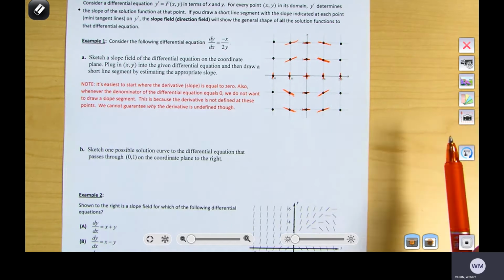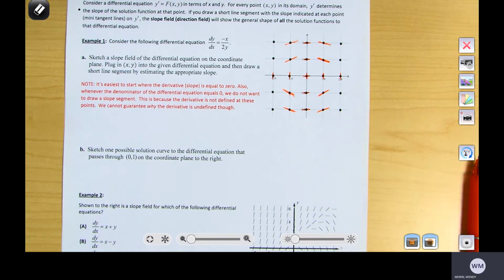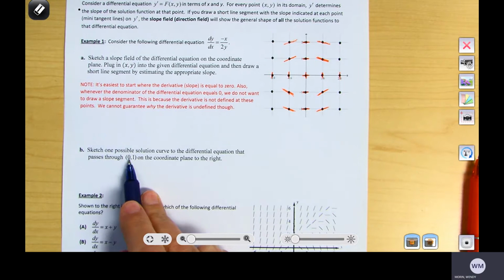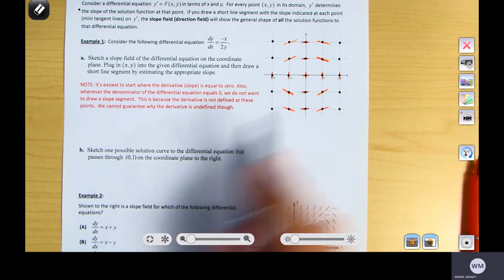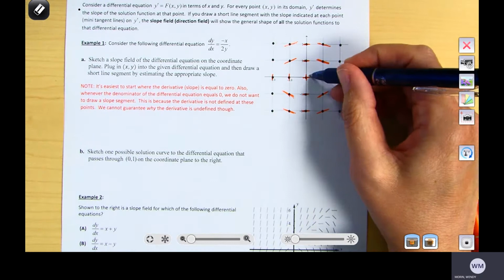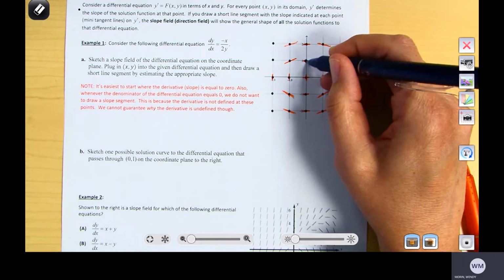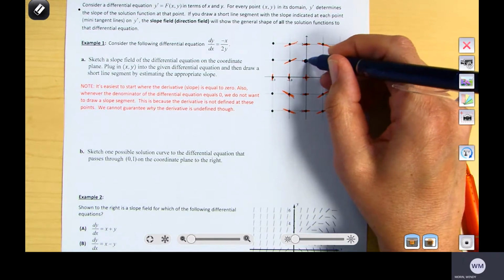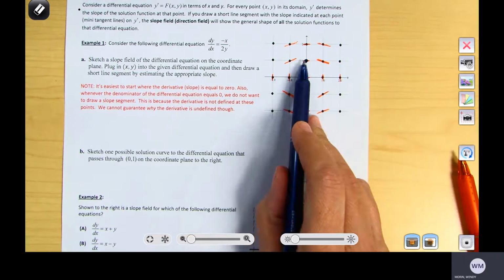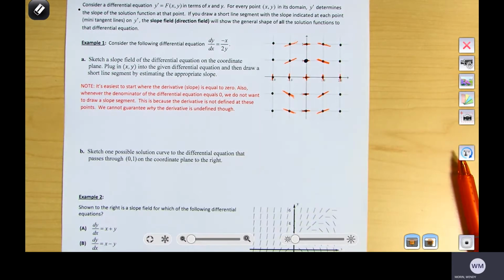Okay, so I'm going to go ahead and sketch in, I'm going to go through 0, 1. So where is 0, 1? 0, 1 is right here. So I know that my solution is going to go through that point.